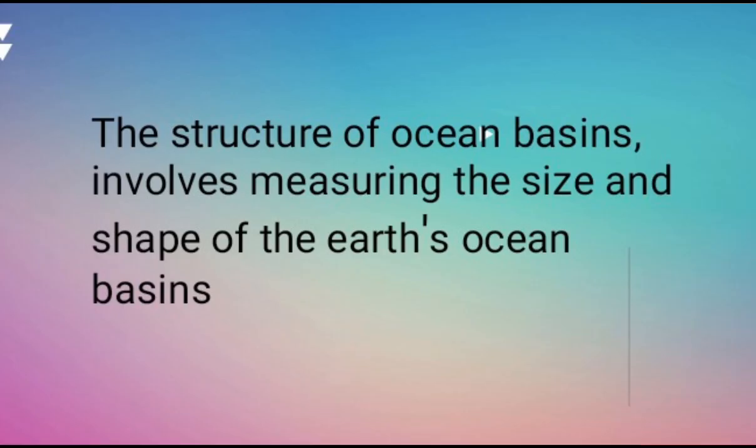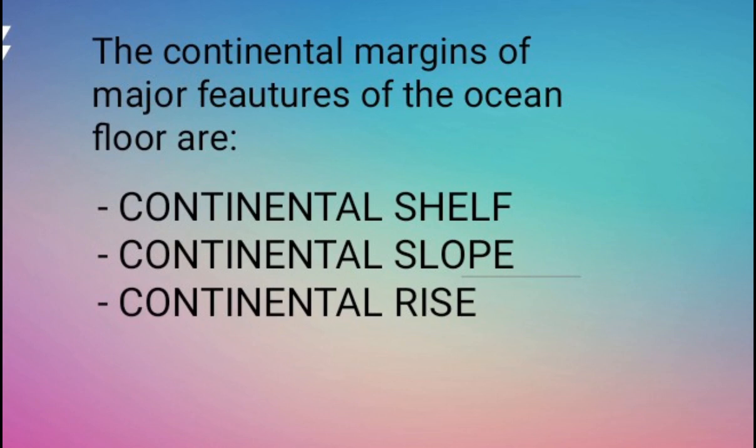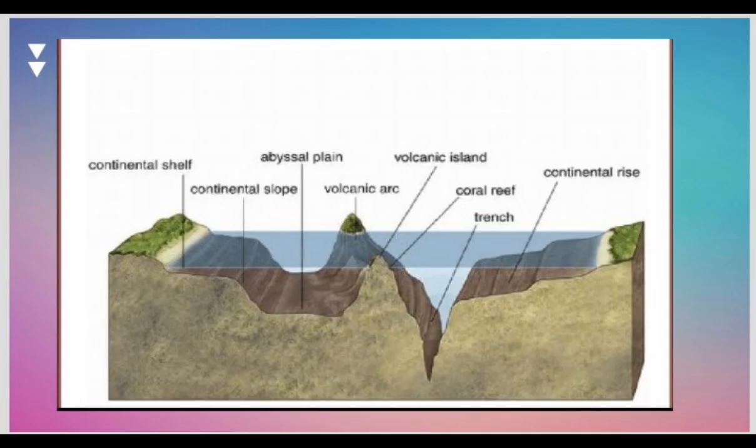The structure of ocean basins involves measuring the size and shape of the Earth's ocean basins. The continental margins' major features of the ocean floor are the continental shelf with less than 150 meters of water depth, the continental slope with 1,200 meters water depth, and the continental rise, which is found at the base of the continental slope.